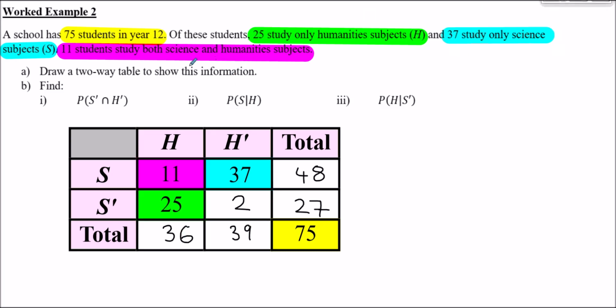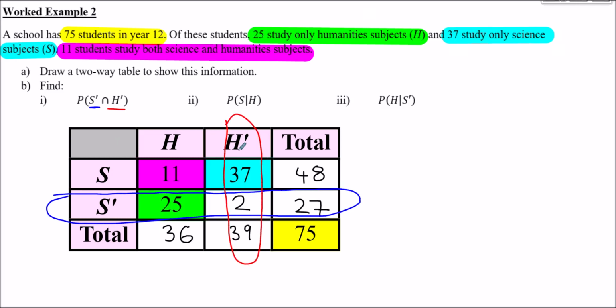We can now use this to answer part B. So B part 1, what's the probability of selecting a student that does not study science and, because of intersection, does not study humanities? So the students that don't study science are these people here, and the students that don't study humanities are these here.